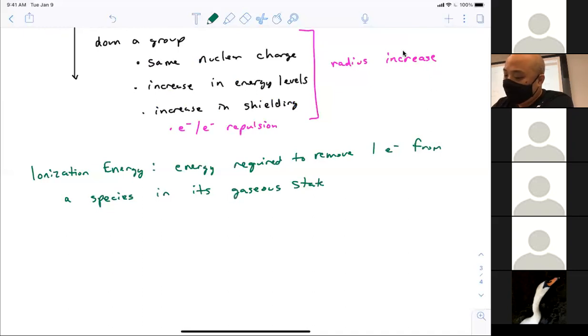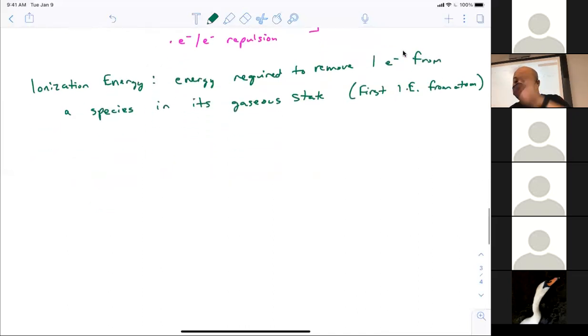Now, the first ionization energy is from an atom. That's the one we're going to focus on here, because as you lose more and more electrons, things get a little bit more blurry. But the energy required to remove one electron from a species in its gaseous state.